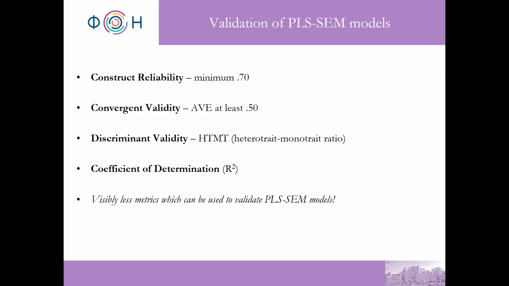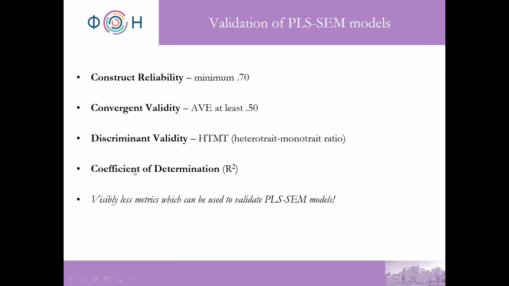When it comes to validation of PLS-SEM models, as you can see on the slide, there are visibly fewer metrics which can be used. Most of these, the first three metrics, are more used to assess each construct than to assess the model itself.